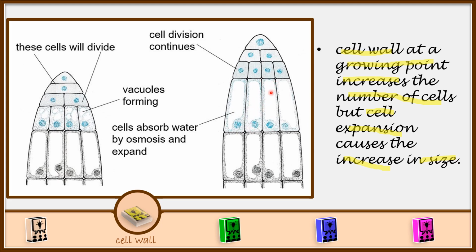So it is cell expansion which causes the increase in size. But at the tip, we are just increasing in number. When you come down at the cell expansion, we are increasing in size.